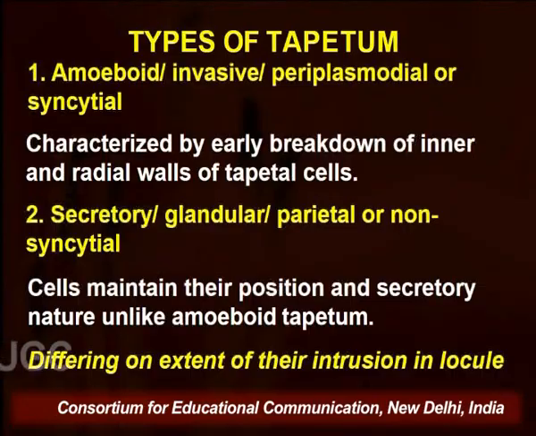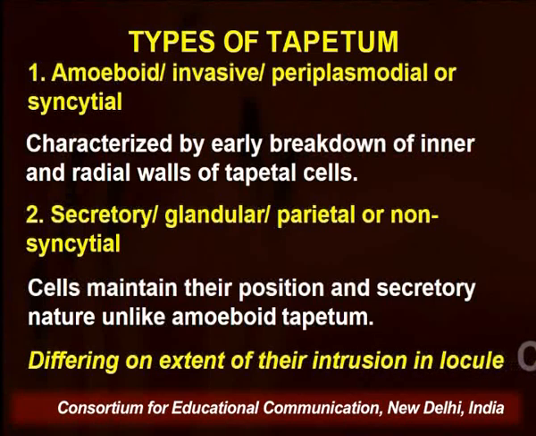There are 2 types of tapetum, and these 2 types depend on the extent of their intrusion in the locule. That is, they differ on the extent of their intrusion in the anther locule. The first category is the amoeboid or the invasive or periplasmodial or the syncytial tapetum.